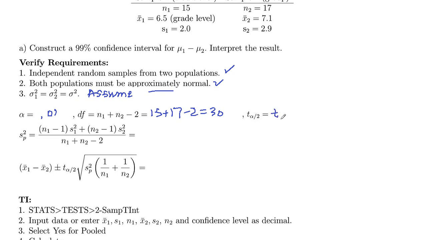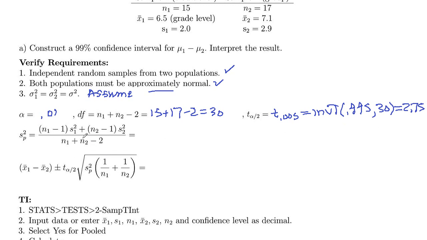So our t alpha over 2 is t 0.005. We're going to use inverse t to get that one. Our left area will be 0.995, and our degrees of freedom, 30. And if you enter that in the calculator, you will get 2.75 to 2 decimal places.